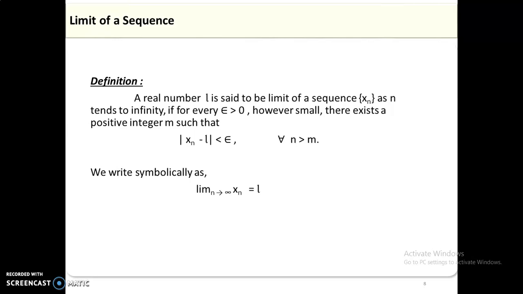Now let us see that any sequence has its own limit. So what is the limit of a sequence?